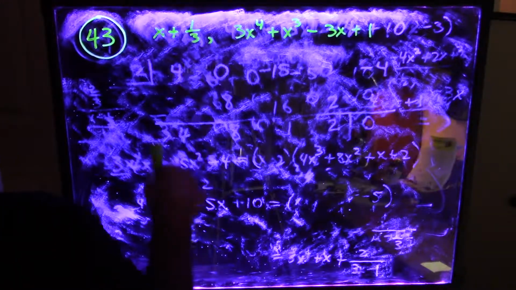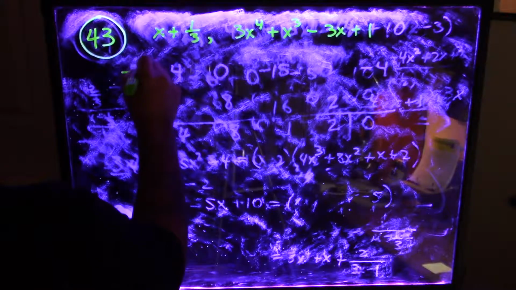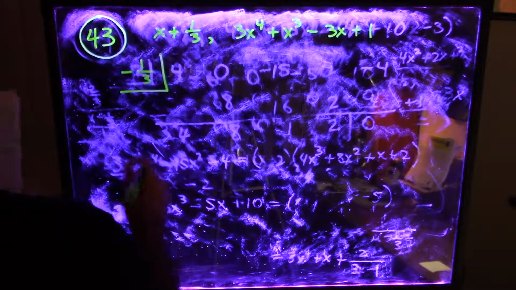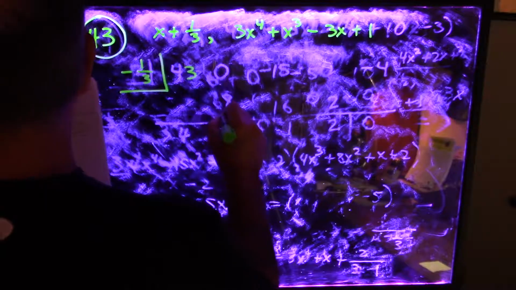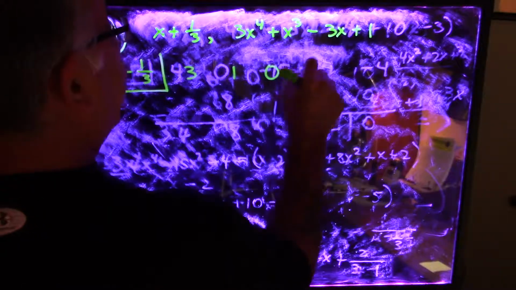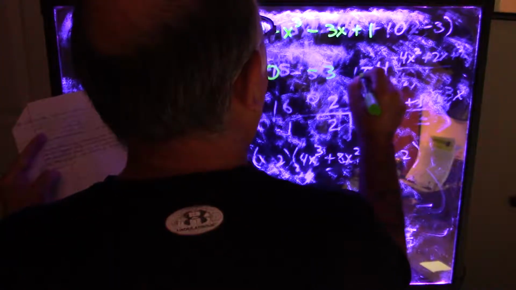That's x minus a negative 1/3, so we'll use negative 1/3 in the corner. And put our coefficients for the dividend, 3, 1, 0. The 0 is 0x squared. And the minus 3 and 1.